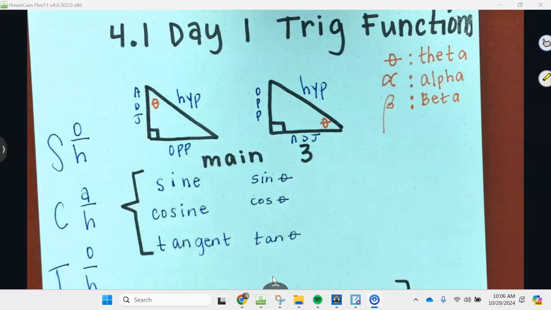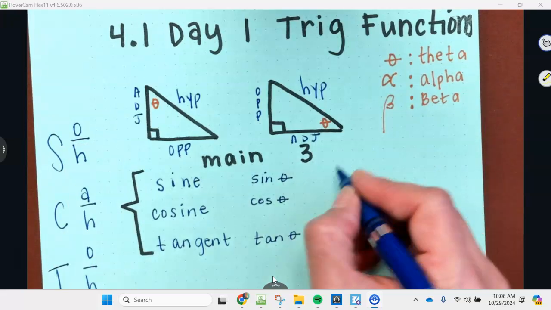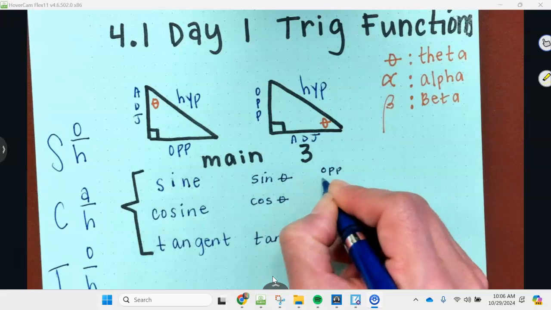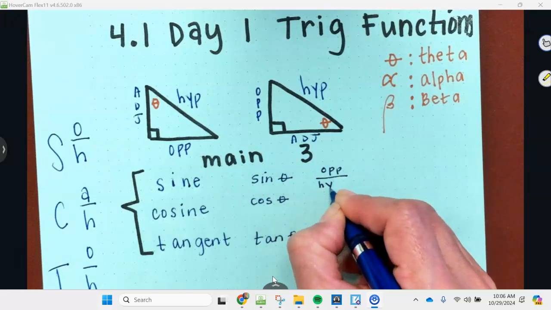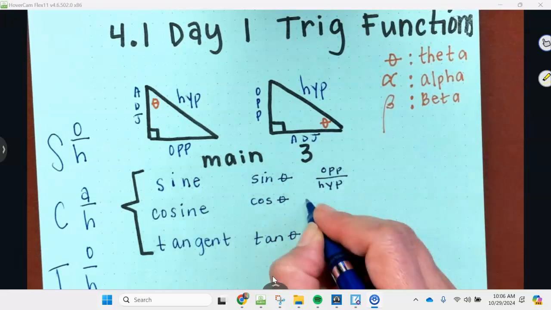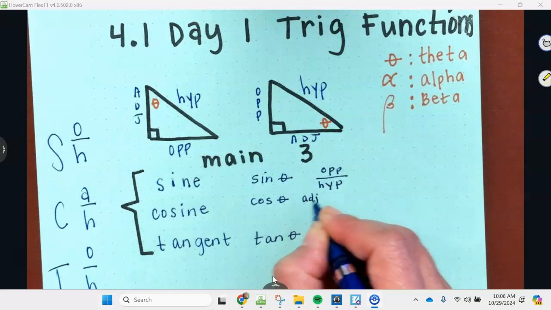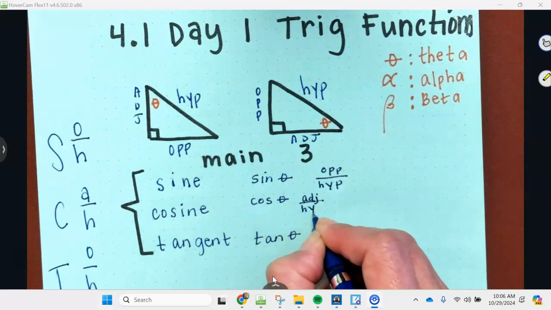And guys, those fractions, those ratios are going to be opposite over hypotenuse. So sine is opposite over hypotenuse. Cosine is adjacent over hypotenuse.